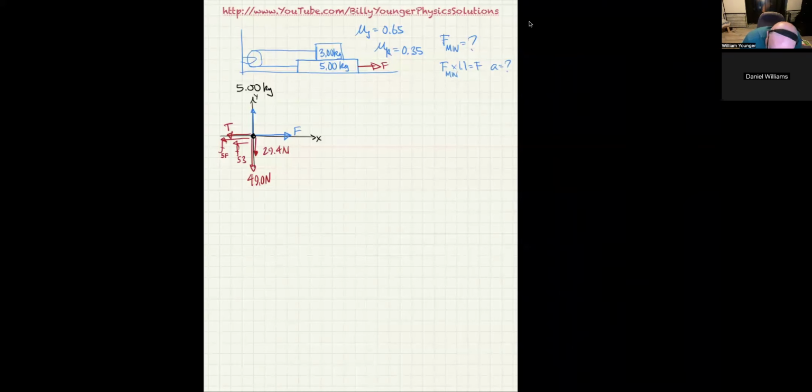Now I'm going to do one for the 3 kilogram block. And we've got to remember that Newton's third law is reality. So we've actually got to keep everything consistent with Newton's third law as well.